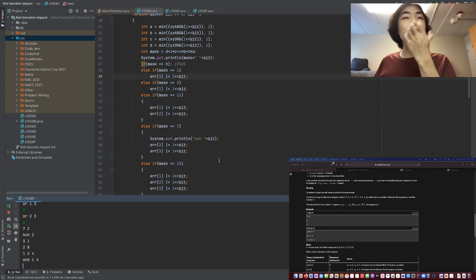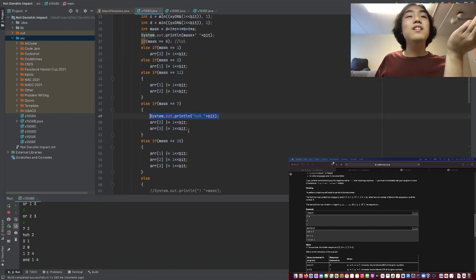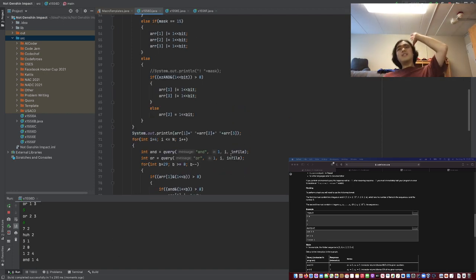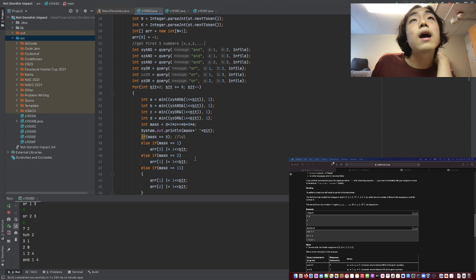Wait, it's literally adding this bit. What? It literally got that bit already at 2, or left shift if equal, or this value. 2 to the power 2 is 4. What? How is that possible? Wait. How is this happening?